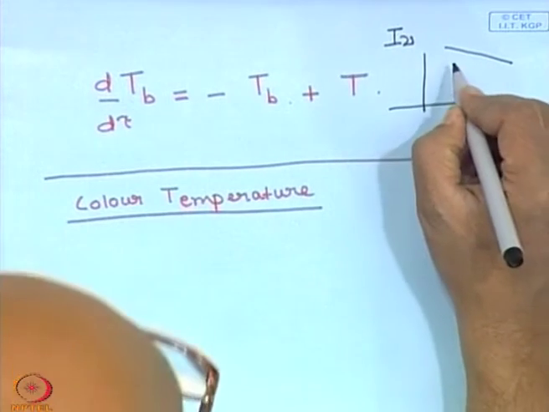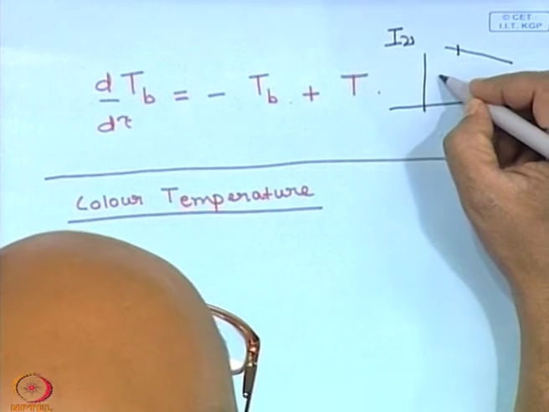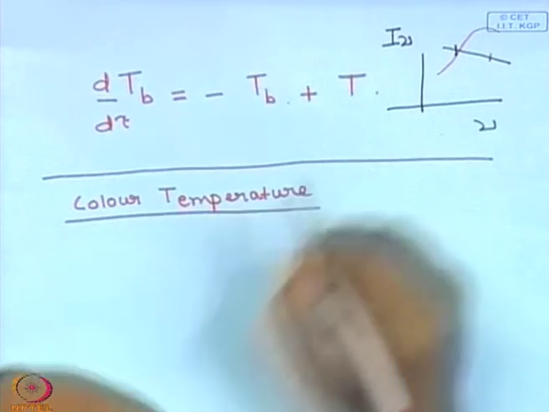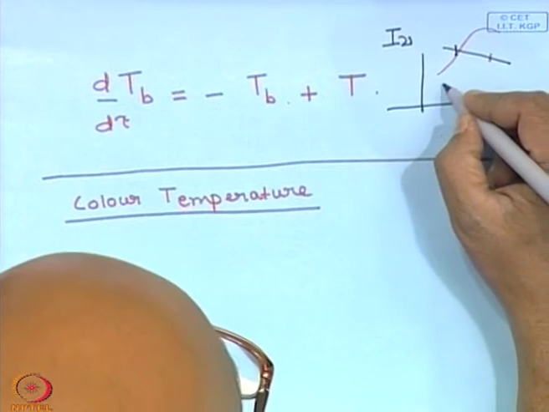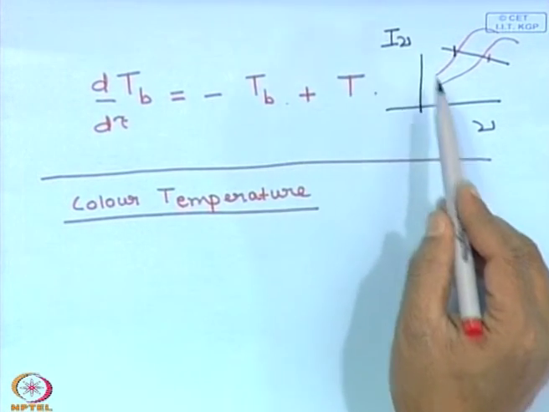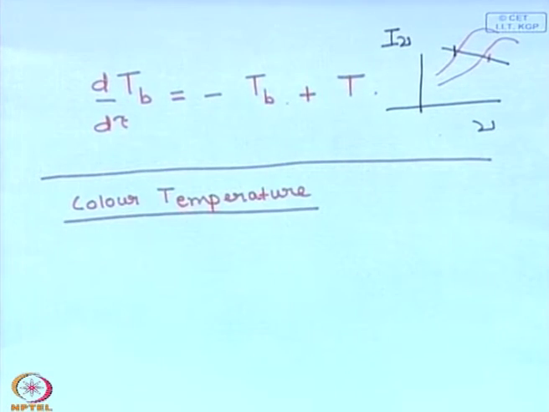So, if I calculate the brightness temperature at this point, I will find which black body spectrum goes through this and I will associate that temperature. If I find the brightness temperature at this other point, again I will find which black body spectrum, a different one, goes through this and I will associate that temperature. So, if I have something that is actually not a black body, then different parts of the spectrum will have different brightness temperature. I hope that is clear. If it is exactly a black body, I will get the same brightness temperature throughout.